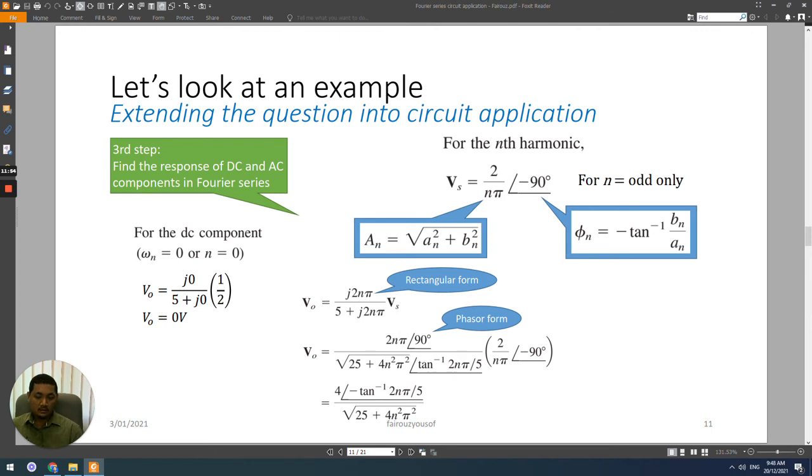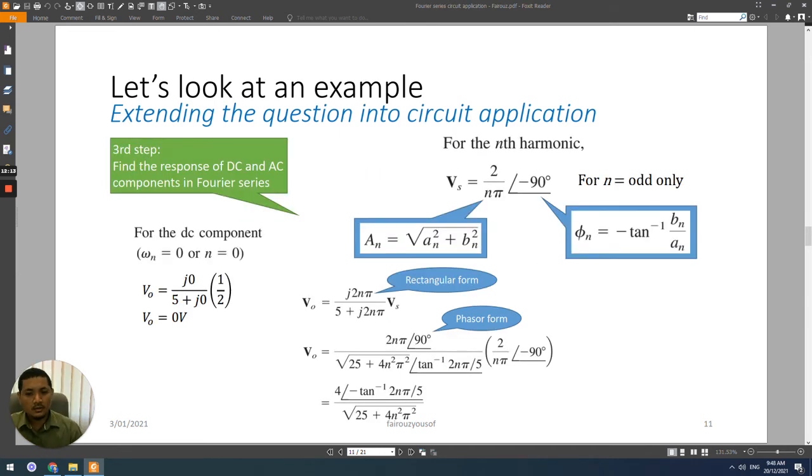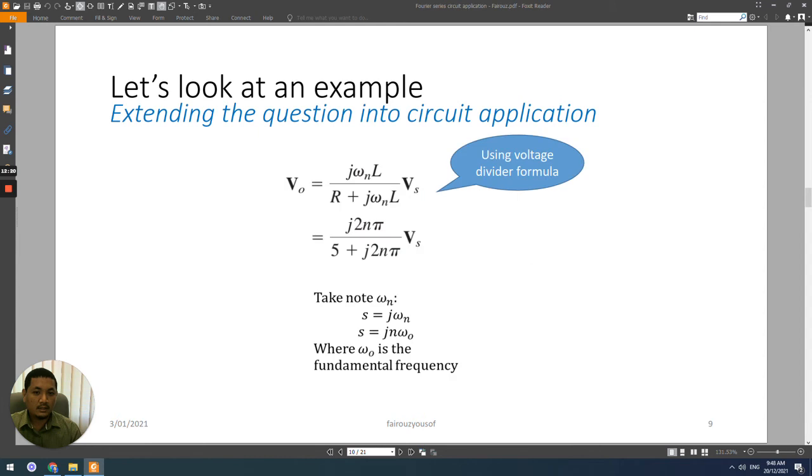Next we have to look at the V out in AC and DC component. Because Vs has DC and AC component, V out also has a DC and AC component. So what is V out if Vs is DC component?